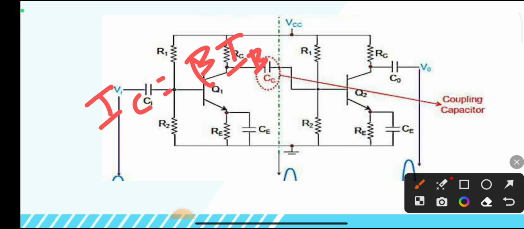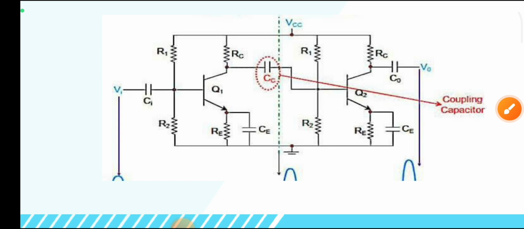So the Q point is shifted towards the saturation point, and a distorted AC signal is produced at the output of the second stage. So this is the use of the coupling capacitors.